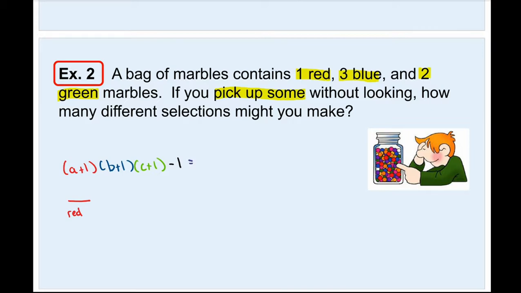So if I look at our red, how many options do I have? Another way we could think of it, I have 1 red, and I have the option of selecting no red. So in total, I have 2.